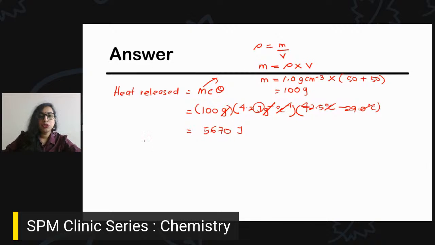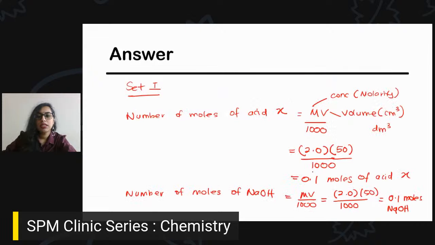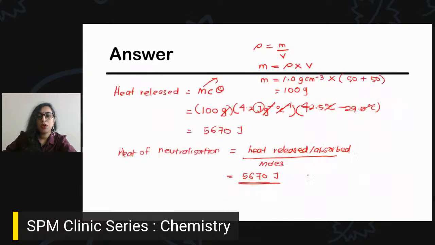All right. So after you calculate the heat release, we are going to calculate the heat of neutralization. So the heat of neutralization is heat released or absorbed divided by the moles. So here 5670 joule divided by the moles that we have calculated, which is 0.1.